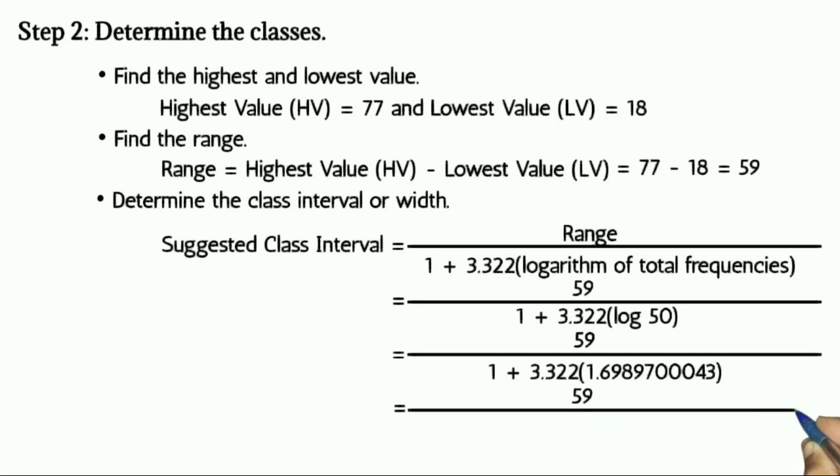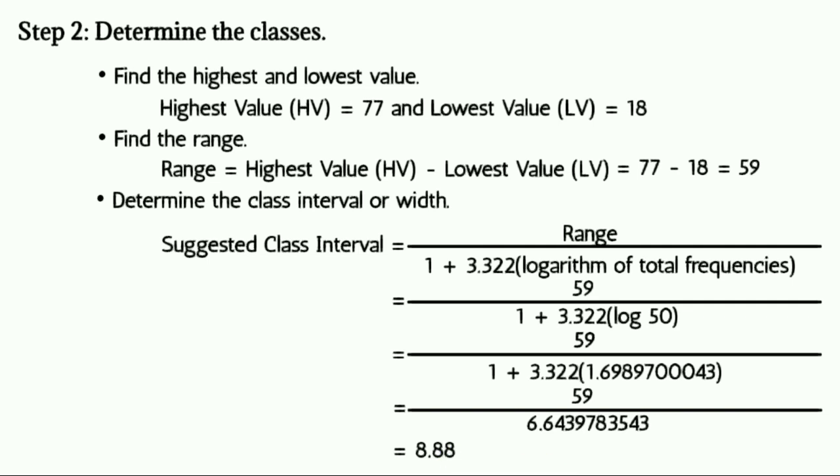59 divided by 6.6439783543 is equal to 8.8802215862 or 8.88.